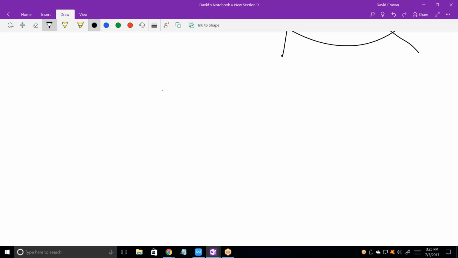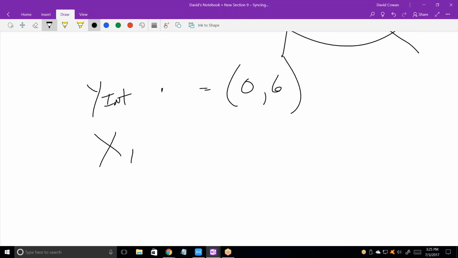One point on the line is going to be 0, 6. That's going to be the y-intercept. We'll call it that. And you can tell that it's the y-intercept because x is 0. You with me? Yeah. And I'm going to say the x-intercept is 4, which means the y value is what? 0.